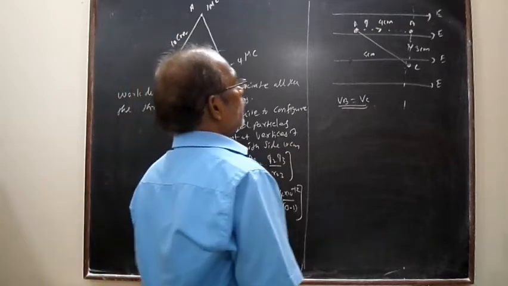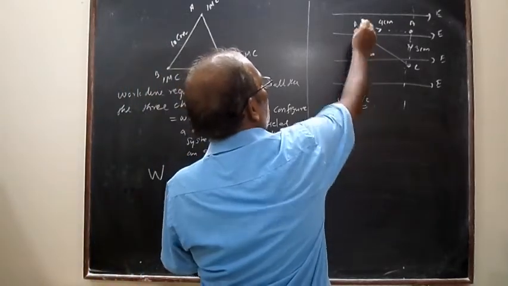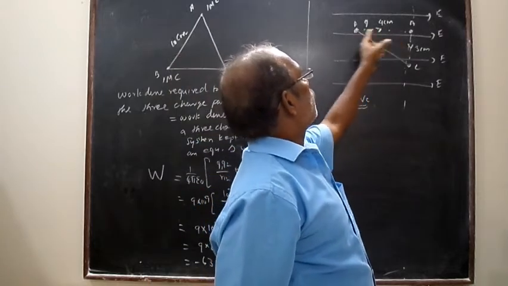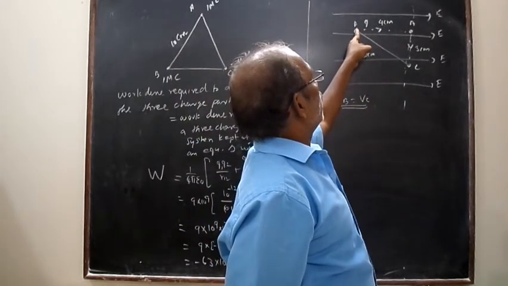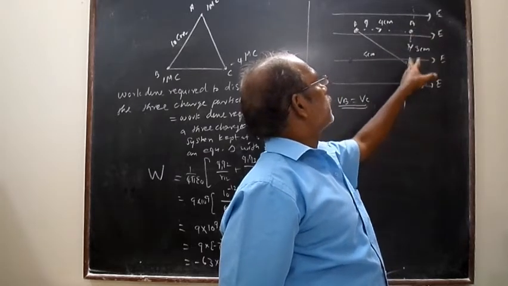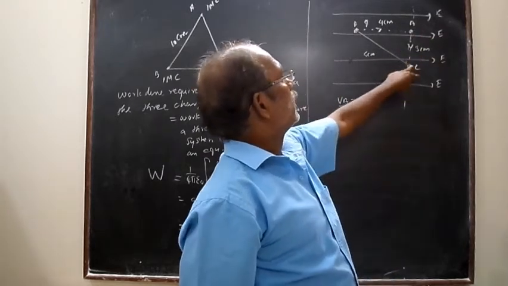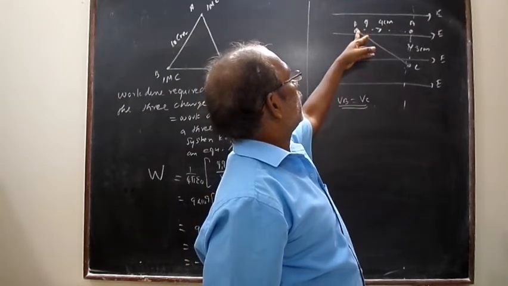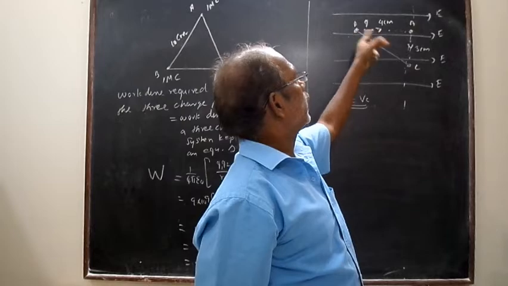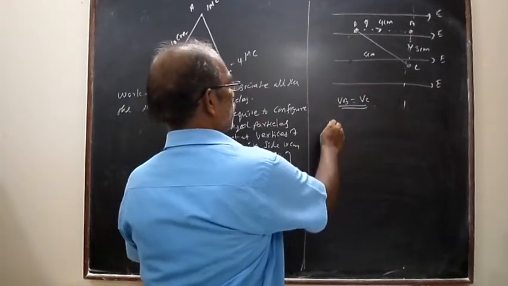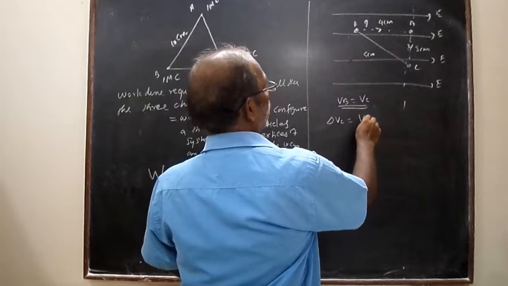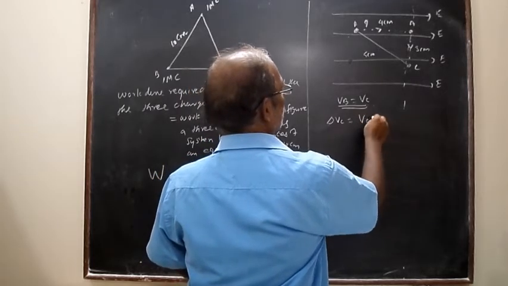Then a charged particle Q is brought from the position A to B horizontally and then from B to C vertically downward to reach C. Once the particle Q reaches C, we can find the potential difference between A and C, delta V equal to Vc minus VA.